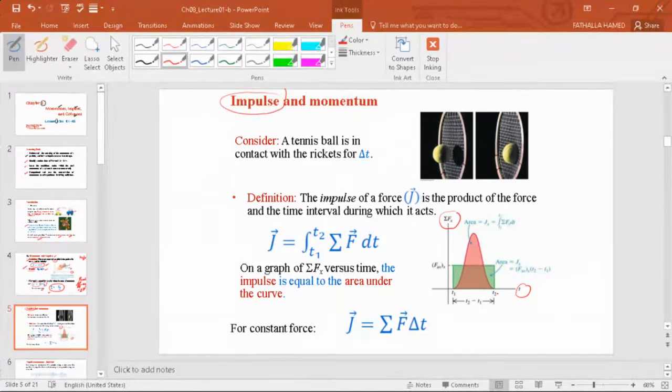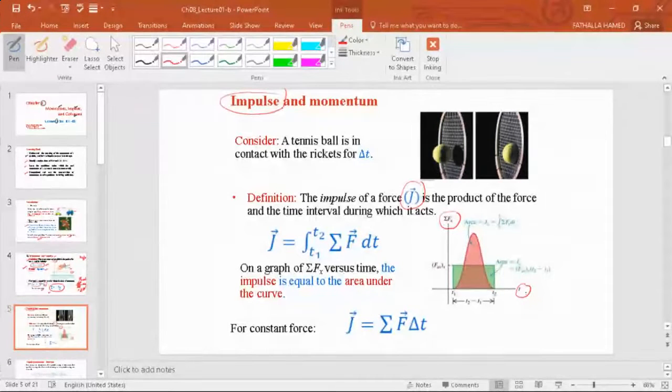Now, we define an impulse as the product of the force and the time interval during which it acts on the particle. And we give it the symbol J, and we consider it as a vector. So if you want to get the product of two things, it's equivalent to taking an area.